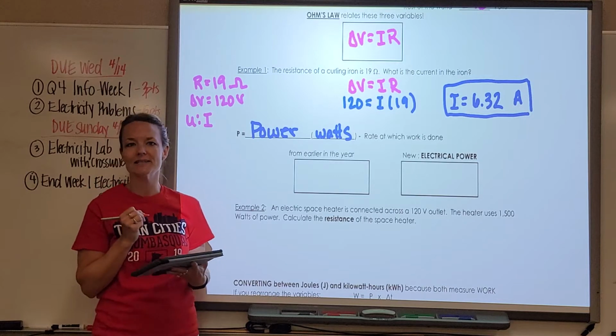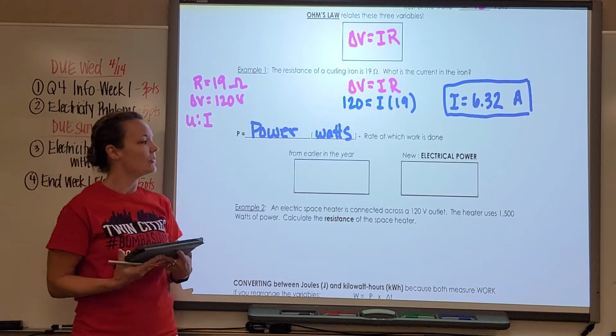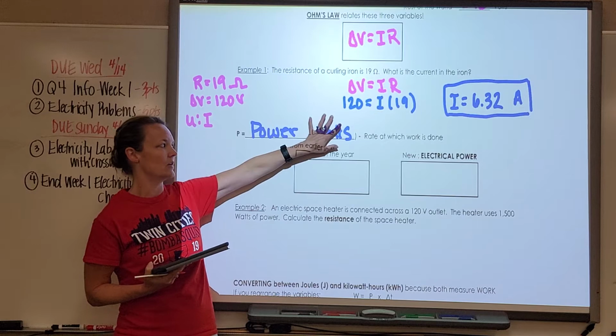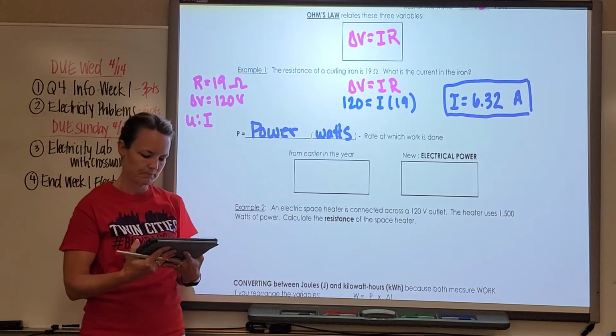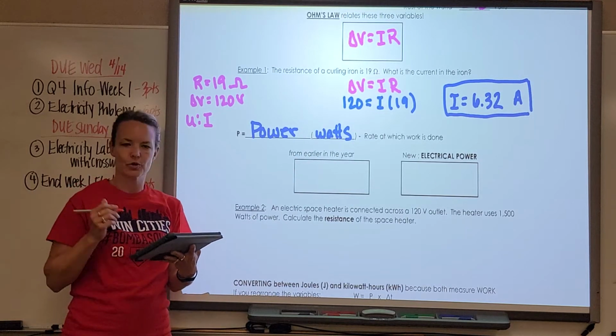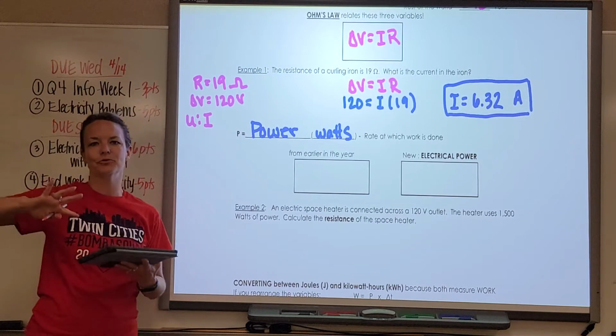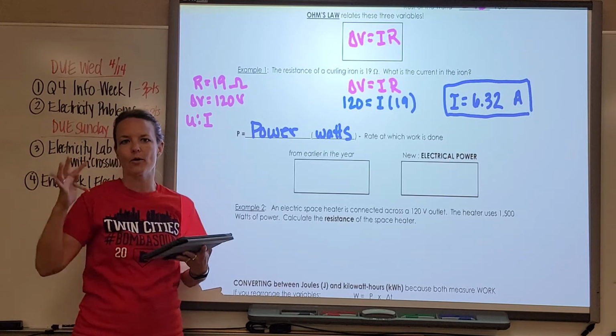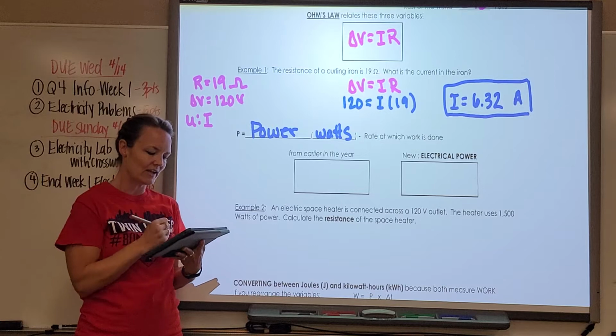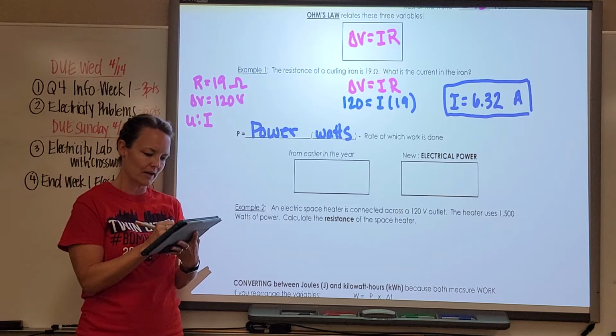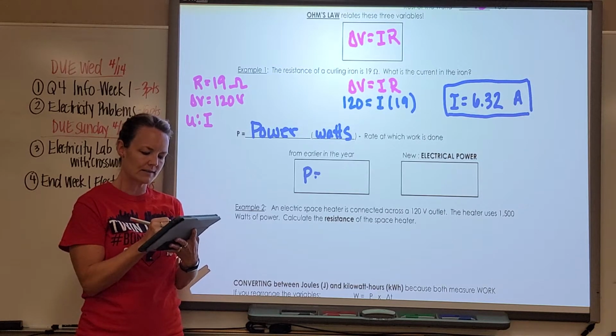So anytime you use an equation, the power that goes into the equation or comes out, you have to have it in watts. It is the rate at which work is done. So if you go back to your forces, work, power, energy area of your equation sheet, what you're going to find from earlier is the power is equal to work over time.